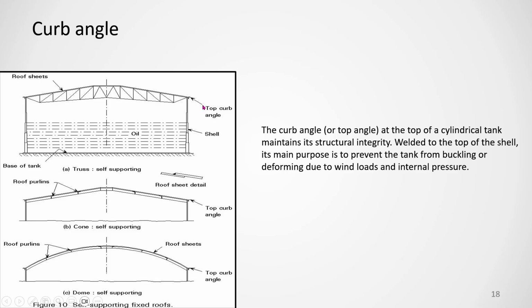The purpose is the same: to reinforce the tank so that due to wind force the tank should not collapse. Sometimes it is mounted with the roof, sometimes with the shell. So the shapes are given here.